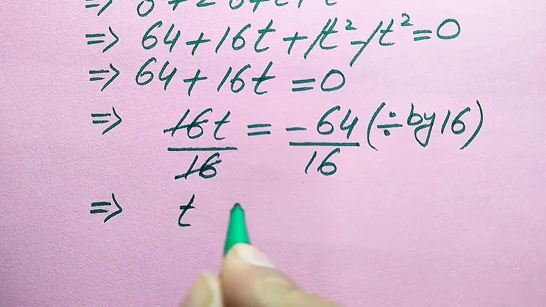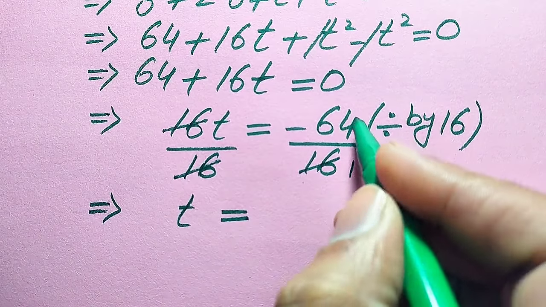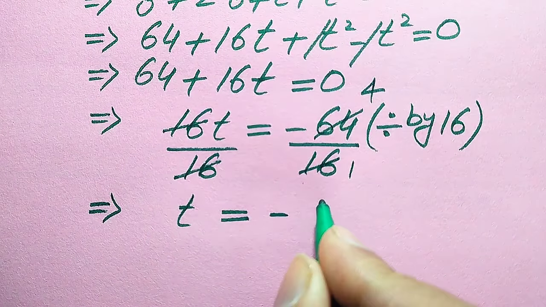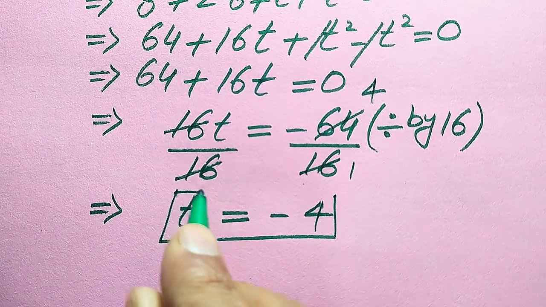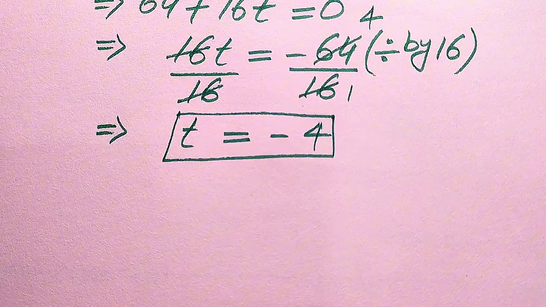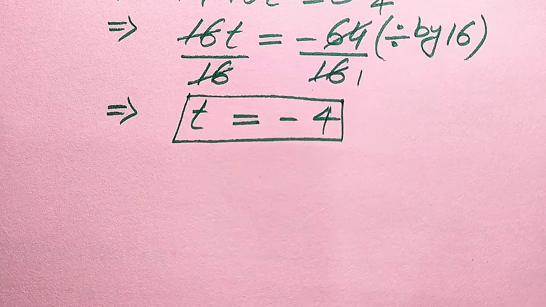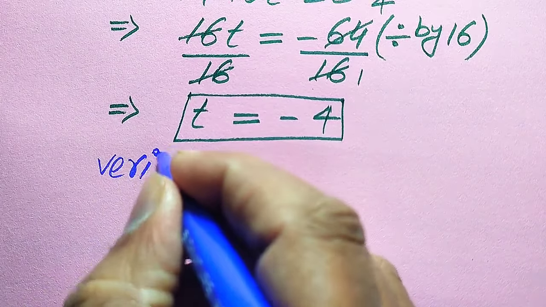We get t equals, 16 times 4 becomes 64, so t equals minus 4. So in this first method we get only one value of t, and that is minus 4. Further, we need to verify whether this value of t satisfies the given question statement, or whether it is an extraneous root.